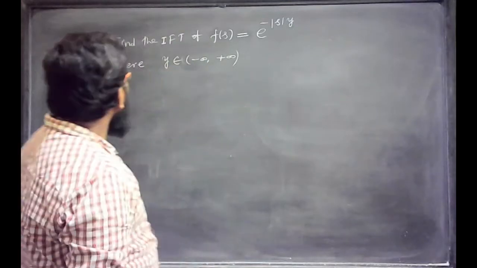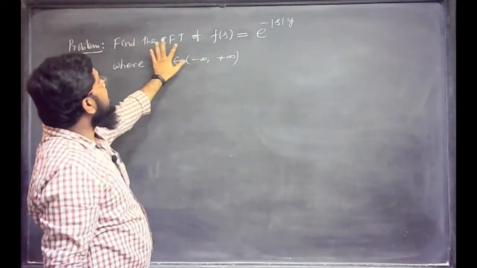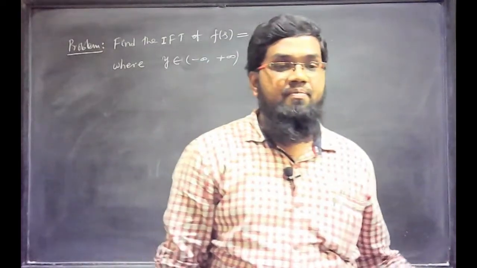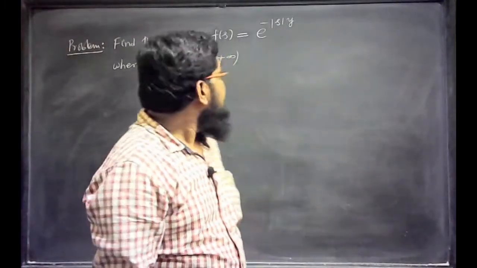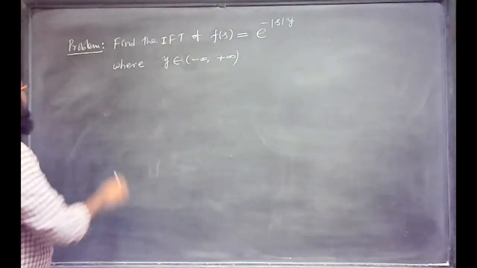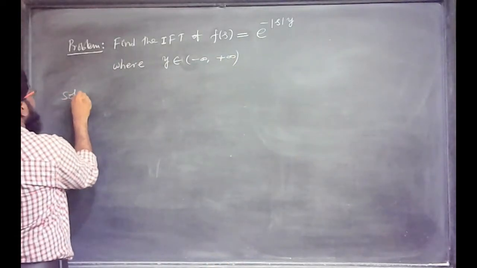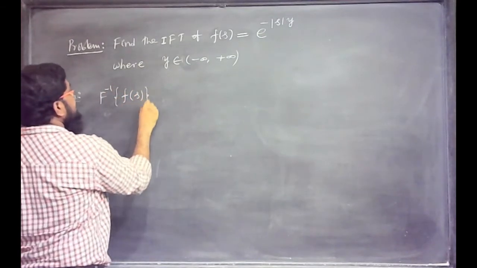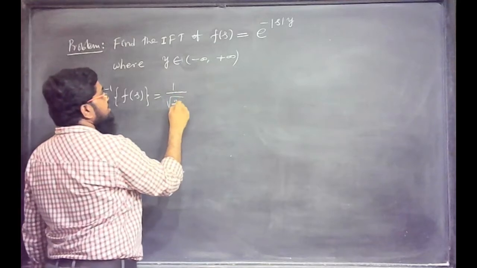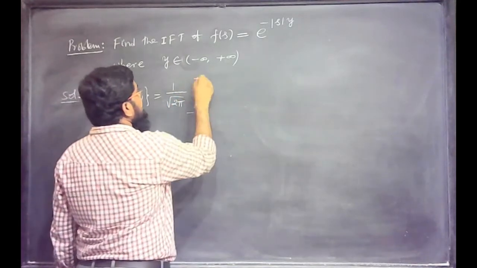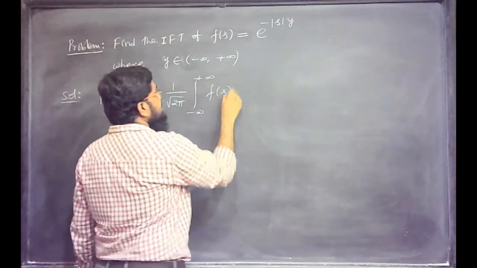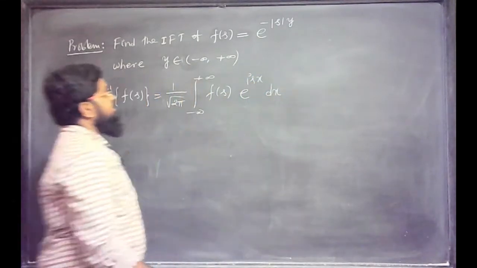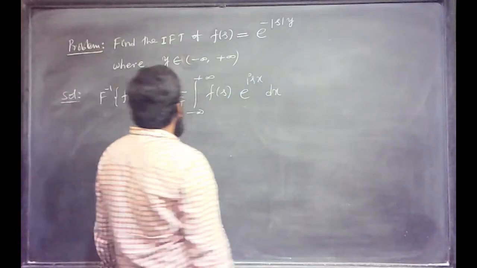Now the problem asks us to find the inverse Fourier transformation. Let's see how to find it. We know the basic definition of inverse Fourier transformation. The inverse Fourier transformation of the function f(s) is equal to the factor 1/√2π times the integral from minus infinity to plus infinity of f(s) into e power isx into ds.